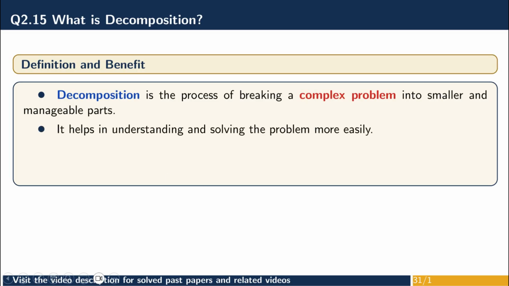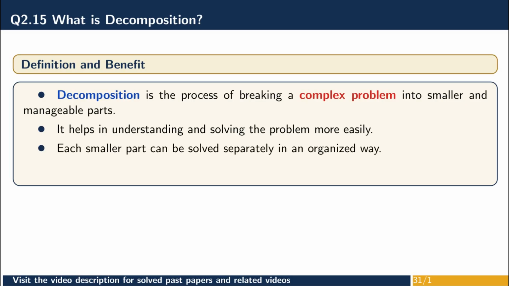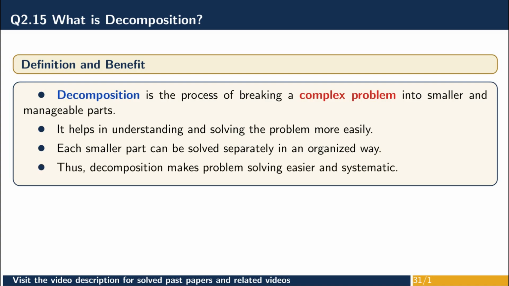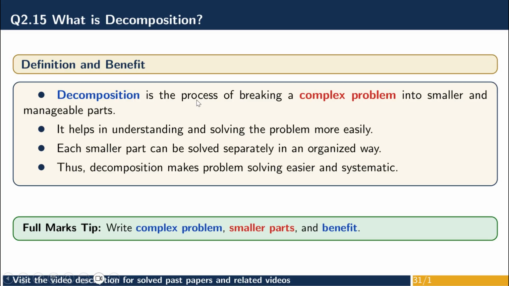It helps in understanding and solving the problem more easily. Each smaller part can be solved separately in an organized way. Thus, decomposition makes problem solving easier and systematic. Full marks tip: write complex problem, smaller parts, and benefit type of words.